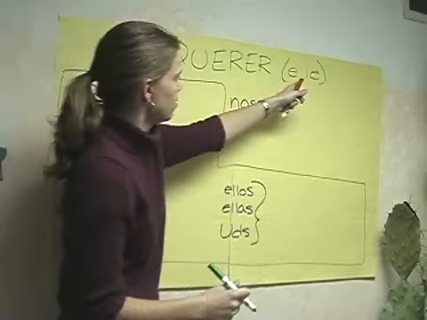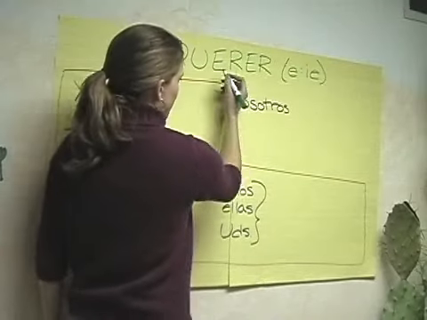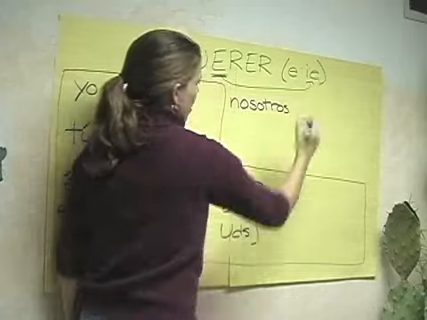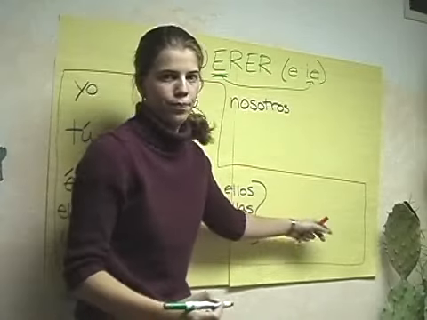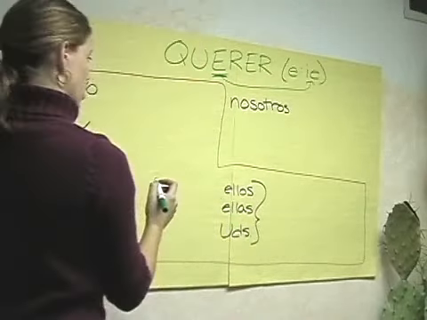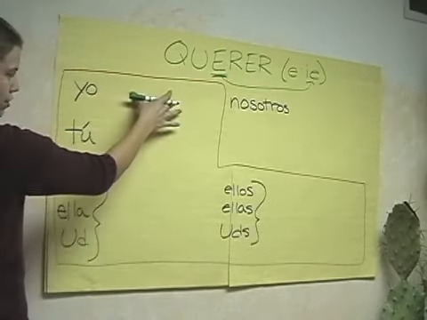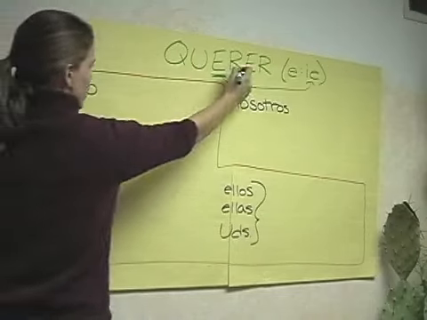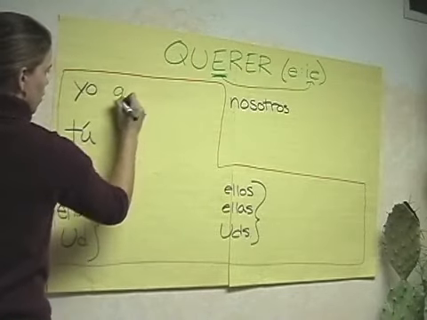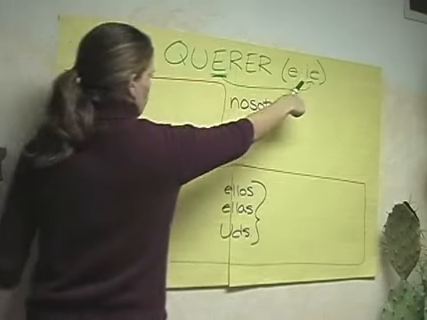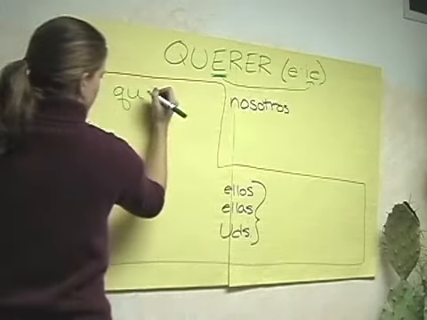What this means, this E to IE, is we take this E here and make it an IE when it's inside the shoe. So, if we have yo, it's inside the shoe, so we're going to write down our stem, Q, U, and then instead of our E, we're going to have IE.